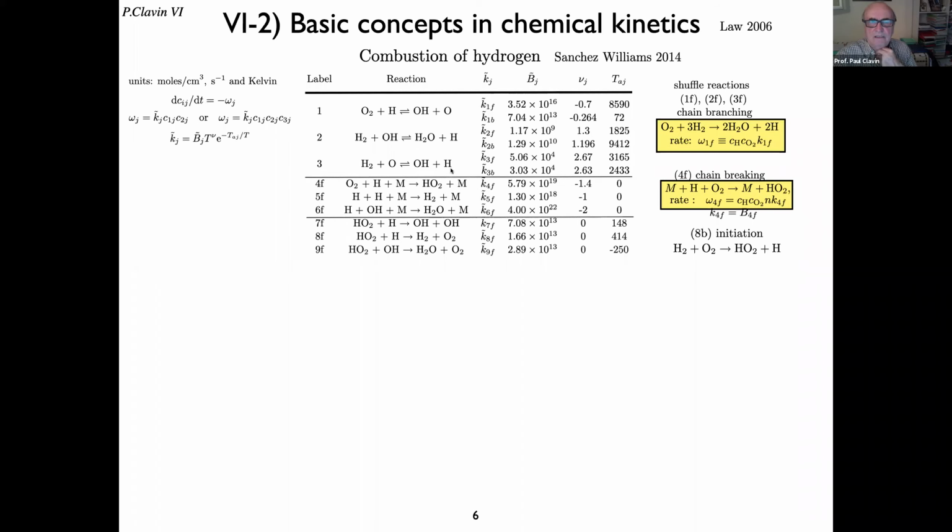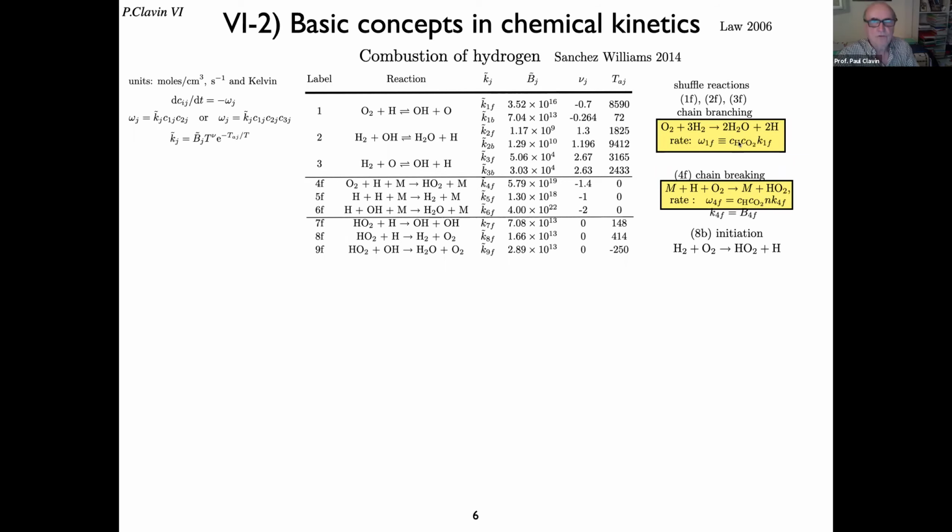This is a chain branching reaction because it produces an H atom, it's not a radical, it's an H atom. It produces H atoms at a rate proportional to the concentration of H atoms.